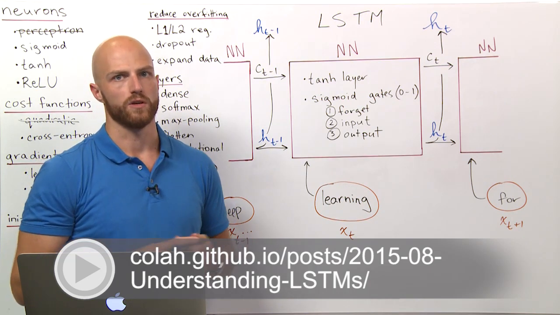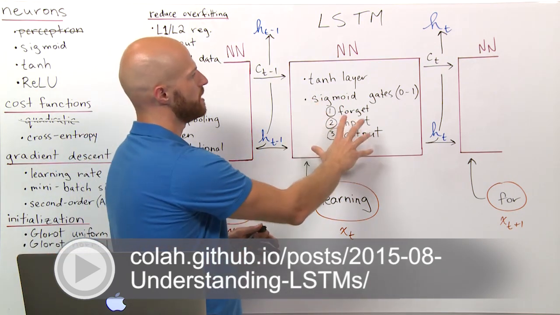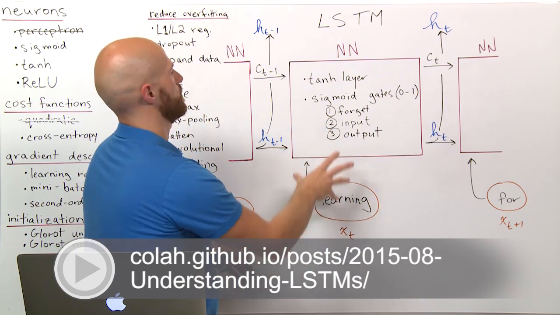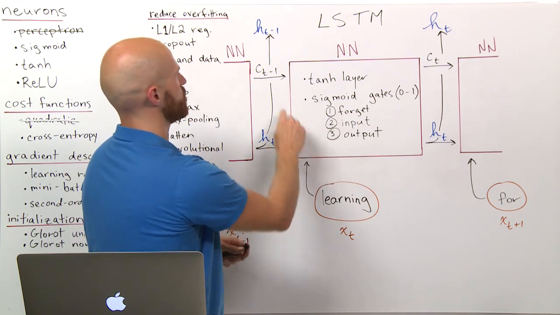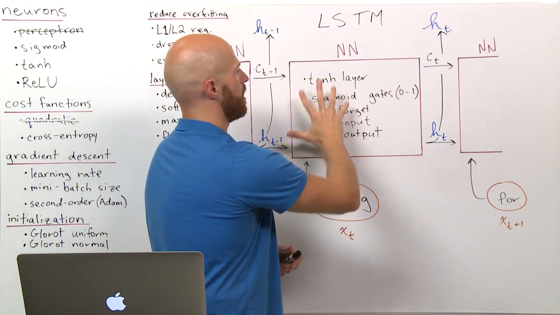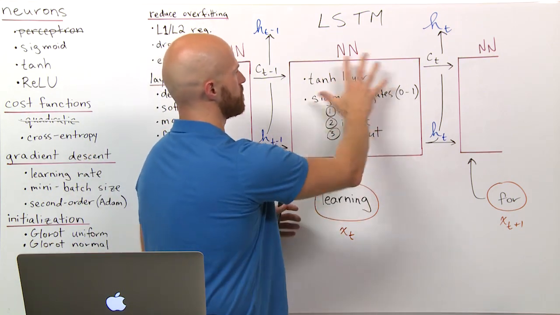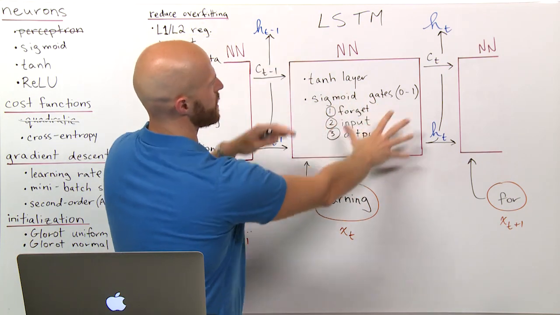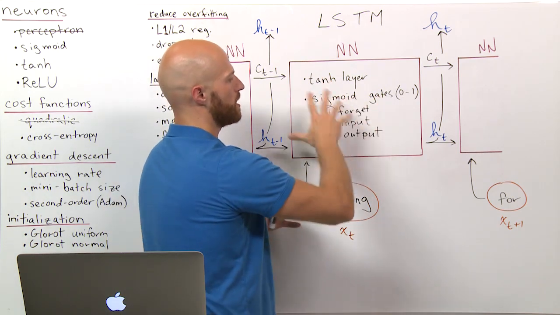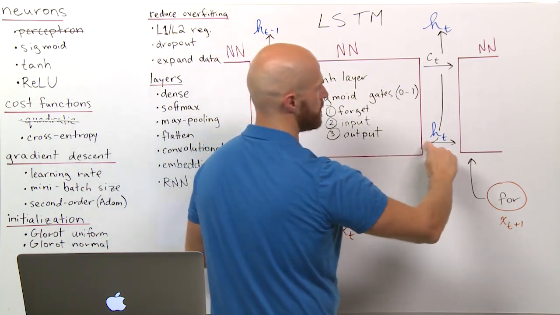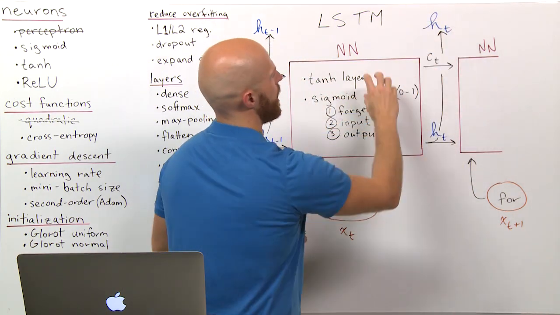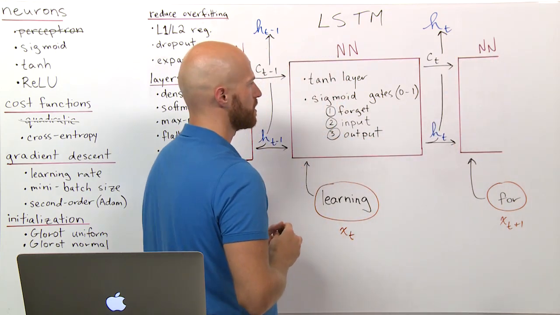He has a blog post called Understanding LSTMs, and it goes into all of the detail of how the information from a given word interacts with hidden state information and cell state information from previous time steps, has operations performed on it inside of the module involving these gates and the tanh layer, and then any given module outputs that hidden state information both to the next cell as well as to the next layer, and it also passes along the cell state information.